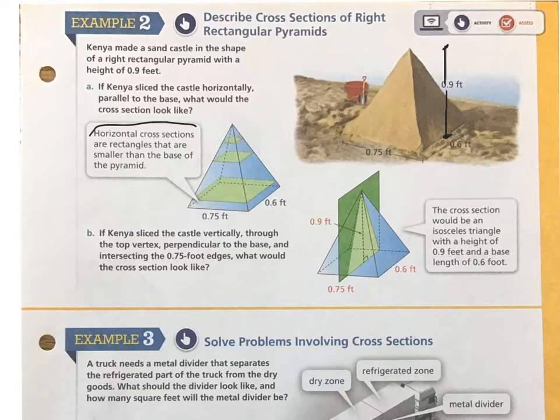Well, in this case, cross sections that are made from slicing that pyramid horizontally would all be in the shape of rectangles, okay? And each one would have dimensions that are smaller than the base of that pyramid.